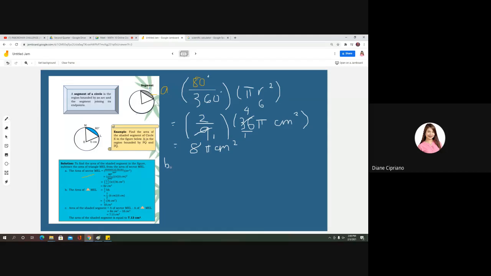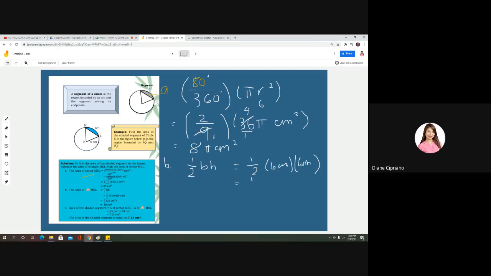And then we will come up with 1/2 multiplied by 6 cm and 6 cm, knowing that they are congruent and they are the radius, therefore they are both 6 centimeter. And then we will come up with 1/2 multiplied by 36 cm squared.